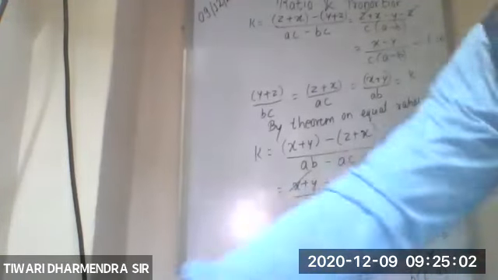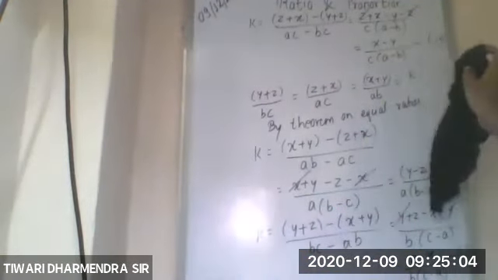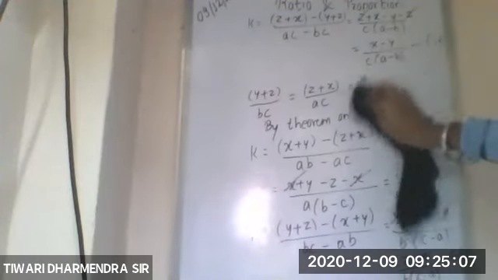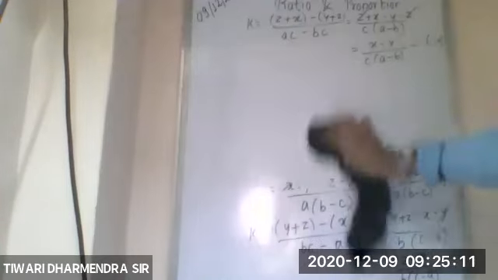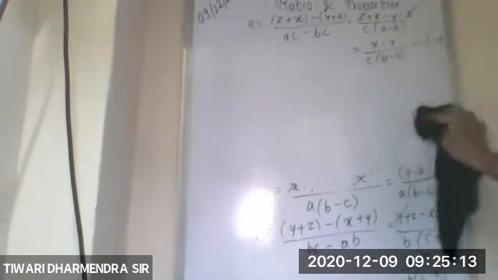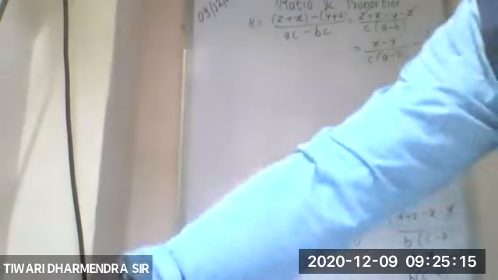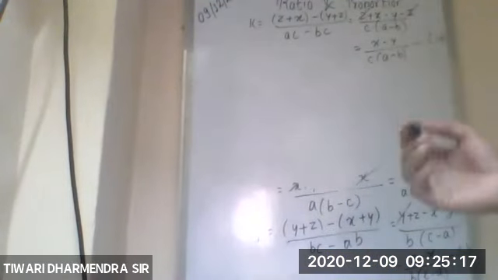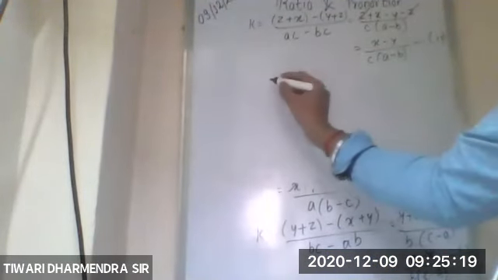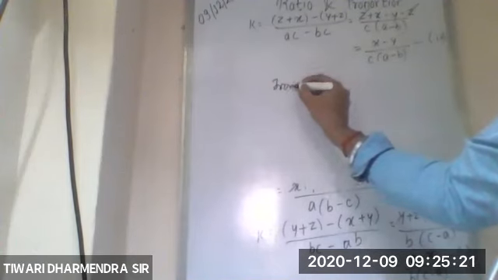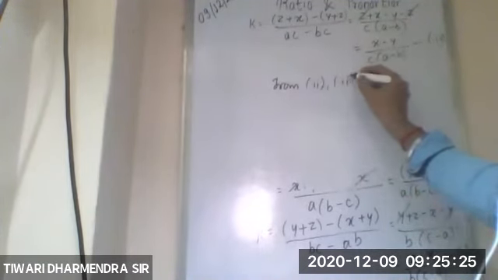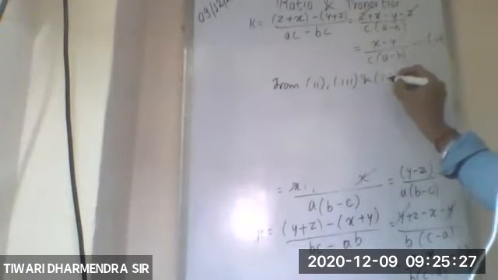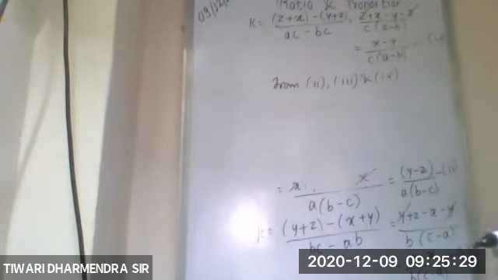So from 2, 3, and 4, what we have concluded, all are equal to k, means of the same ratio.